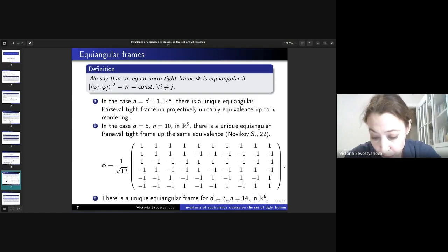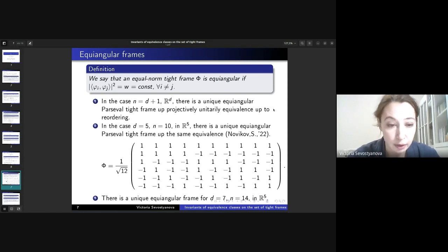The main problem when we would like to find examples of such frames is that the starting point for constructing equiangular tight frames is the existence of equiangular lines inside the space.